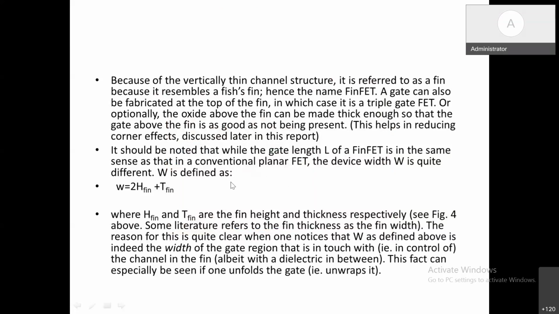In one of the presentations, I have given that the gate length L of the FinFET is L, and the width of the device of your FinFET is quite different.